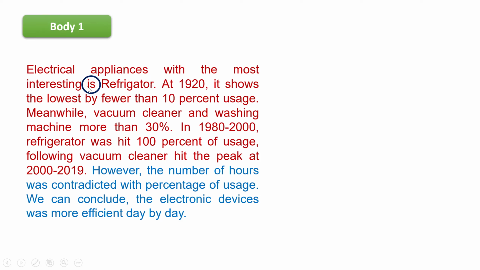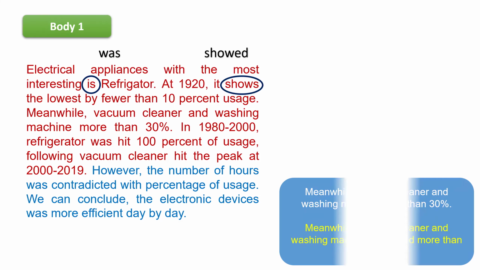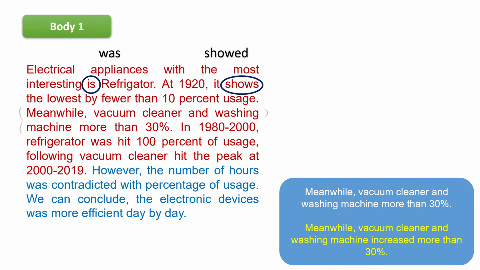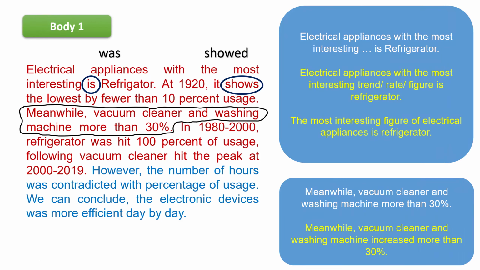You should use was here because 1920 is in the past. Okay, now shows. You should use showed instead of shows.